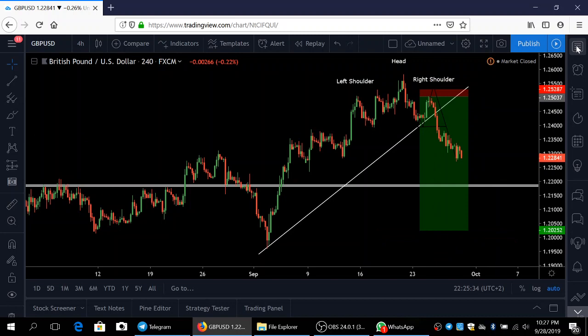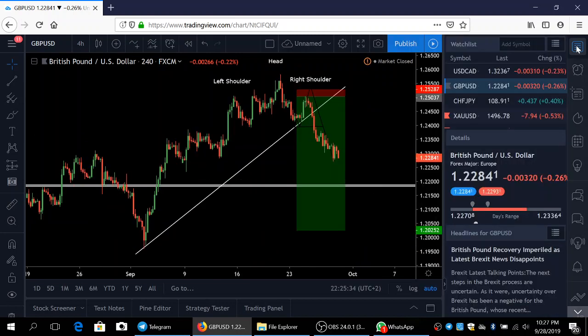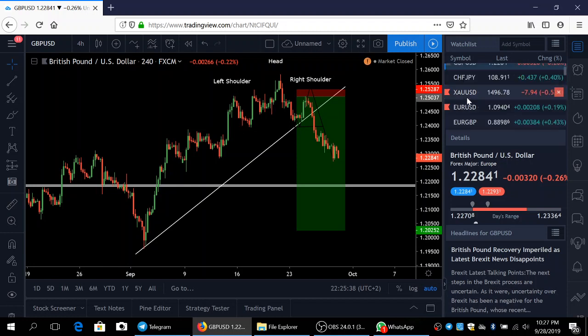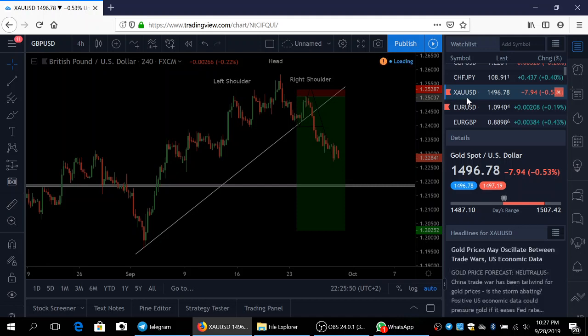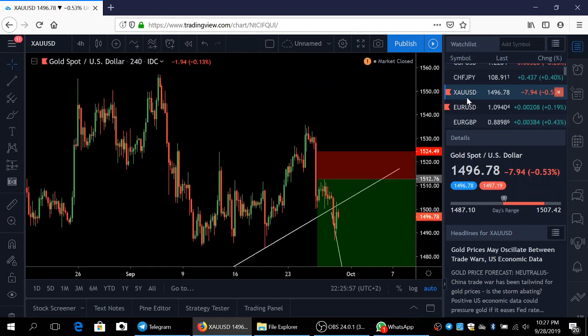The next trade we took last week was CHFJPY, we got stopped out for that one. It's looking like a buy.